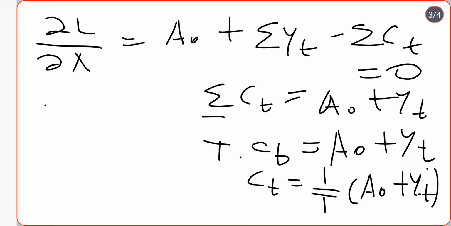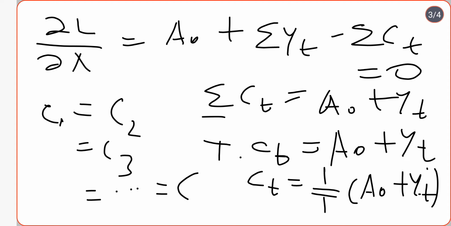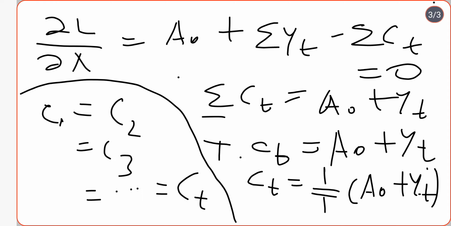Consumption in one period is the same as consumption in two period, is the same as consumption in third period, and it goes up to the same as consumption in Tth period. So what are the two optimality conditions that we have obtained from here?